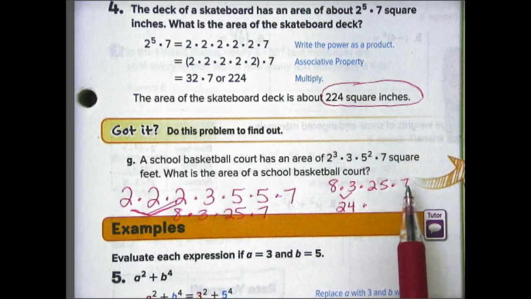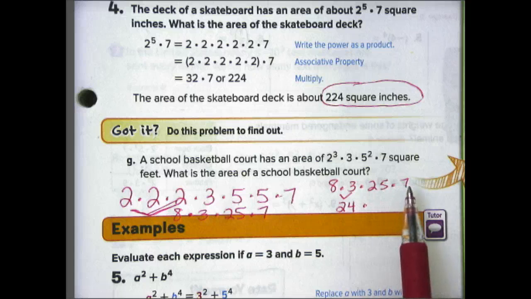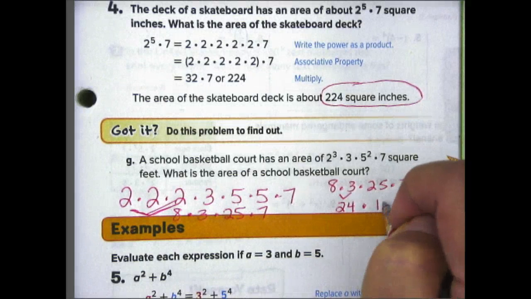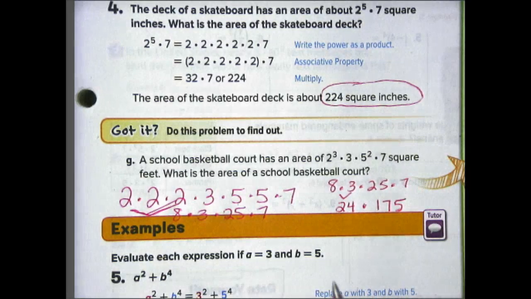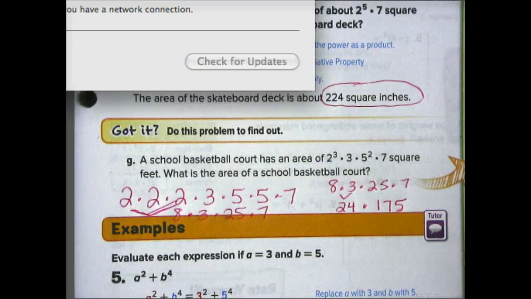25 times 7. Well, I know that 25 times 4 is 100, and 25 times 3 is 75. So 25 times 7 is going to be 175. And then when we multiply 24 times 175, we're going to get 4,200 square feet.